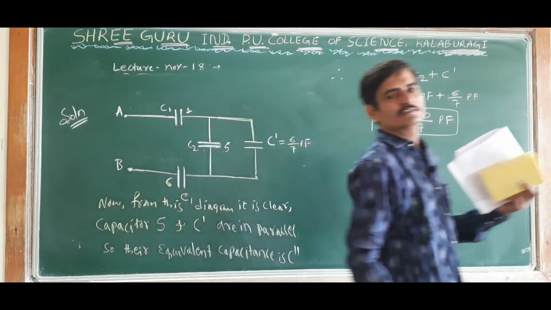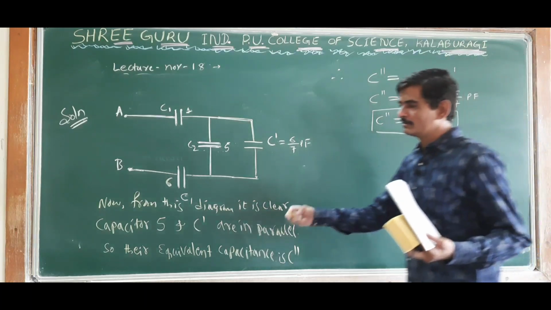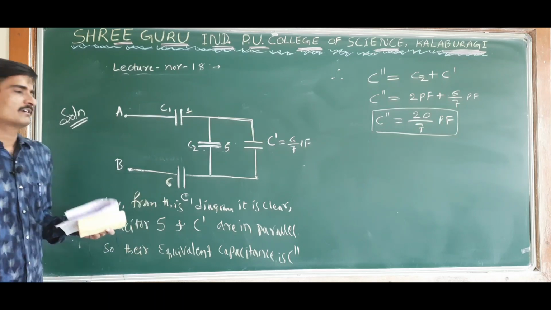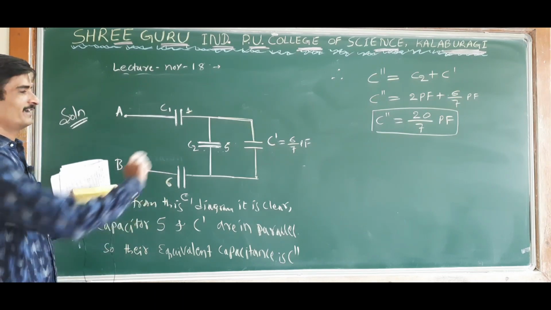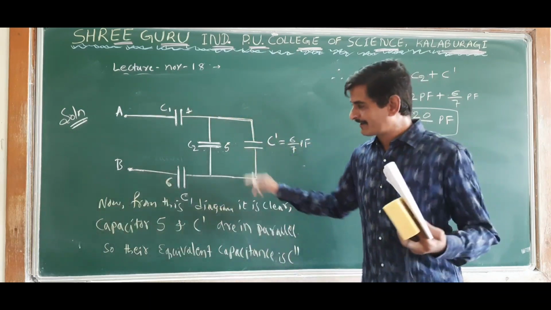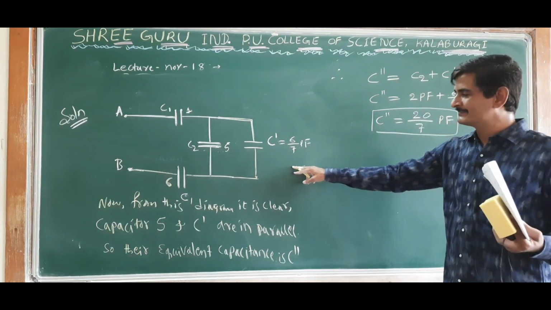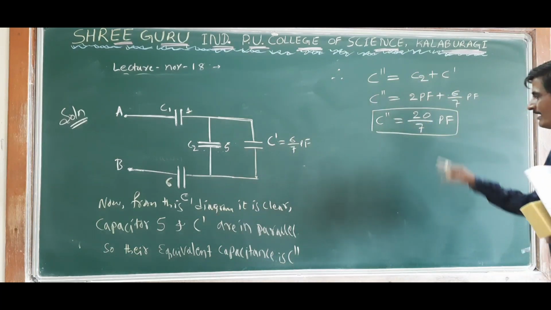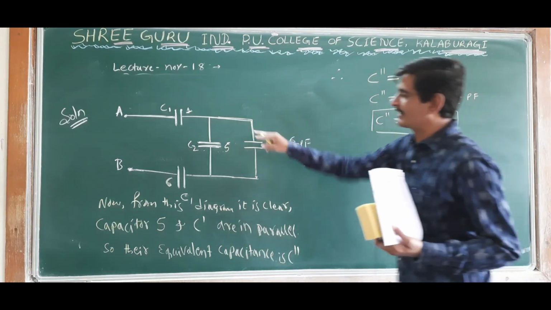And now once again I can change the diagram. You have to draw again and again. I am having a board and I can rub and draw it once again, but you people draw this diagram once again. After drawing this diagram only you write this one, and after writing this one, once again you draw the diagram.